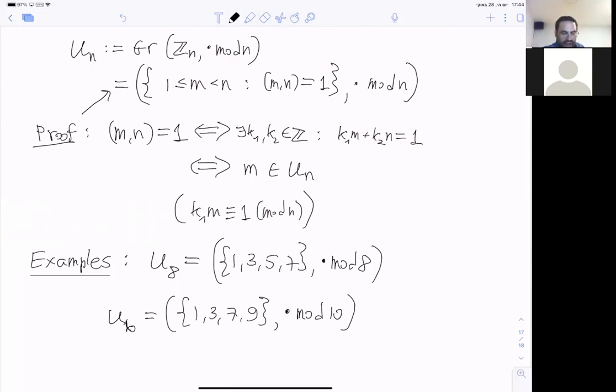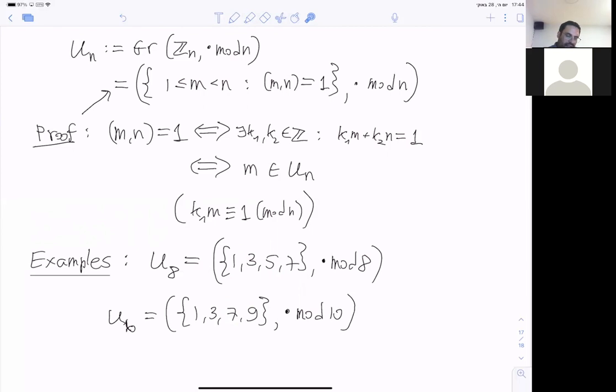First, is it clear how I constructed these examples? I just took the numbers up to 8 that are coprime to 8, and here coprime to 10. So you don't have 5, you don't have 6, you don't have 4.